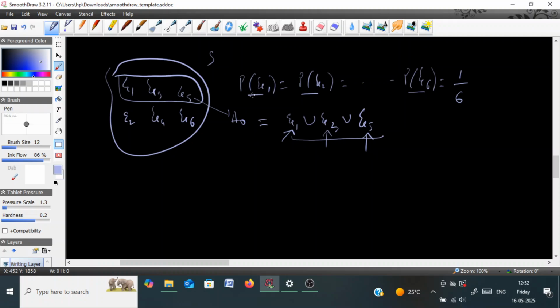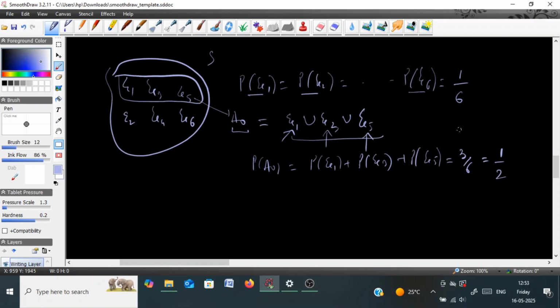So the probability of event A naught is going to be the probability of zeta 1 plus the probability of zeta 3 plus the probability of zeta 5, which is 1 by 6 plus 1 by 6 plus 1 by 6, equal to 3 by 6, which makes it 1 by 2.